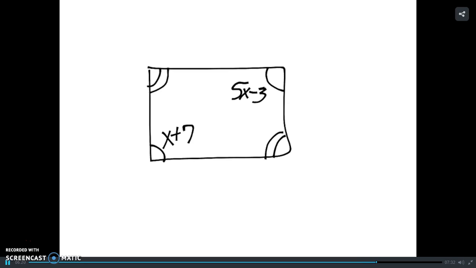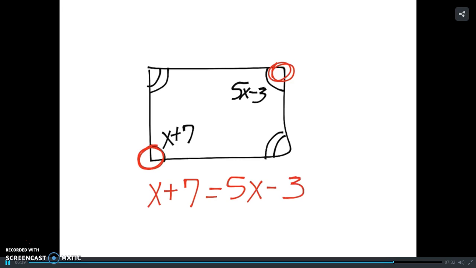And all that means is you have to remember, in order for this to pass the test for a parallelogram, with the information I've been given, my opposite angles have to be congruent. So I would set my opposite angles, this one here and this one here, equal to each other, and then I would solve for x.